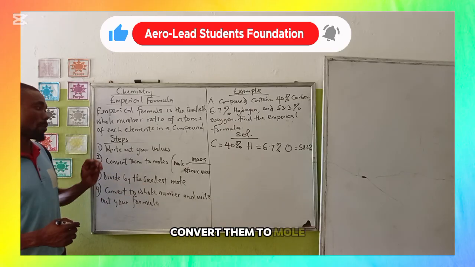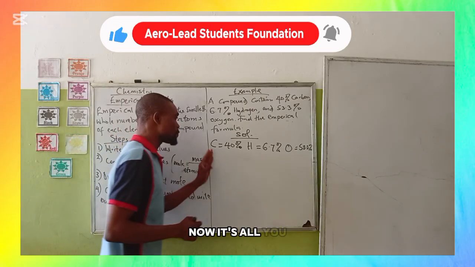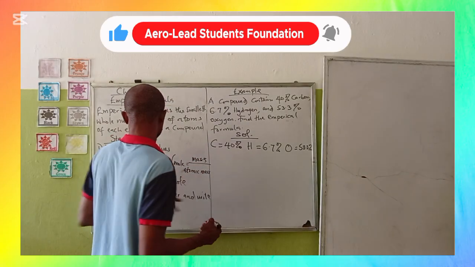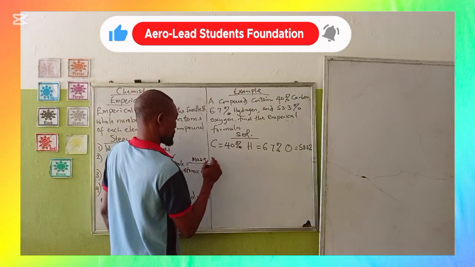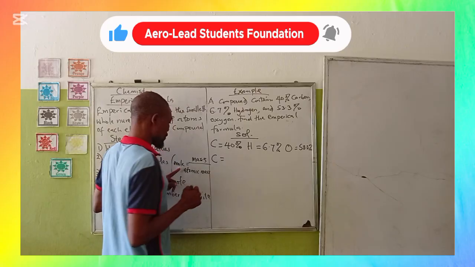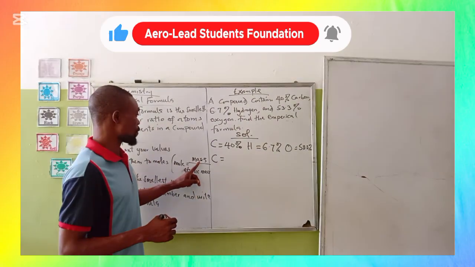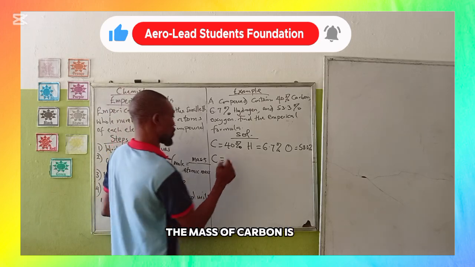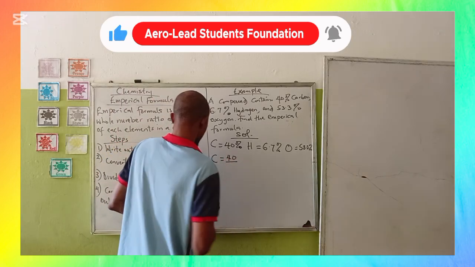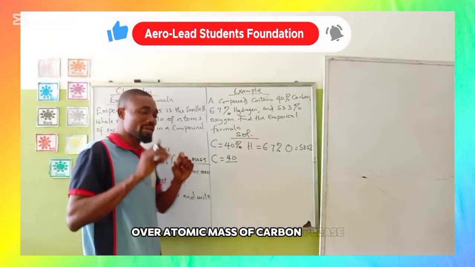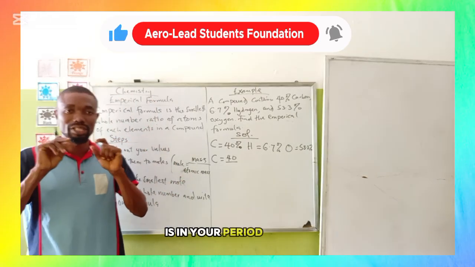Now, after you write out your values, you convert them to mole. Each of the elements will be converted to mole. For carbon, remember the formula for mole is mass over atomic mass. The mass of carbon is 40 over the atomic mass of carbon. Please, it is in your periodic table.